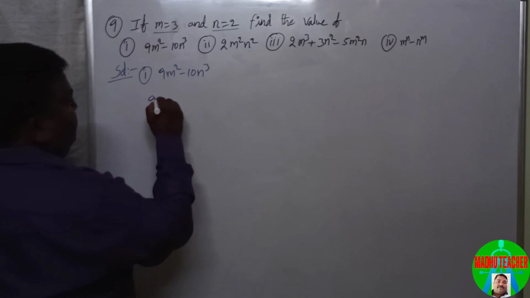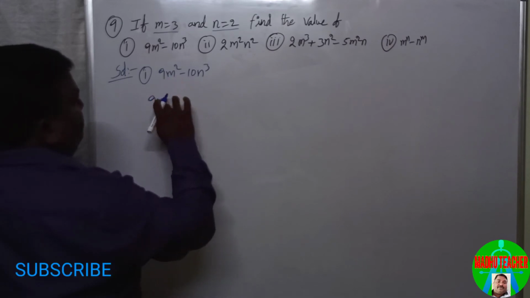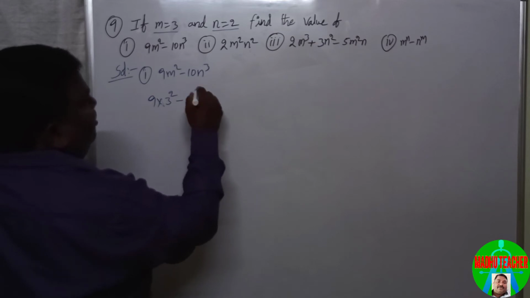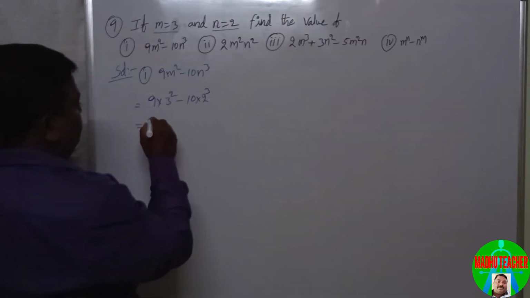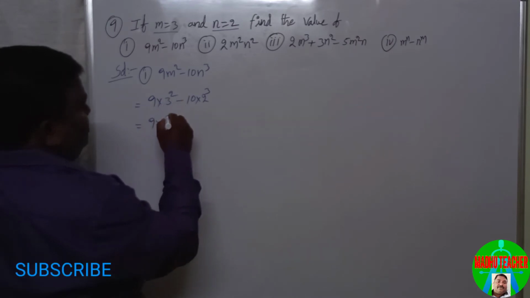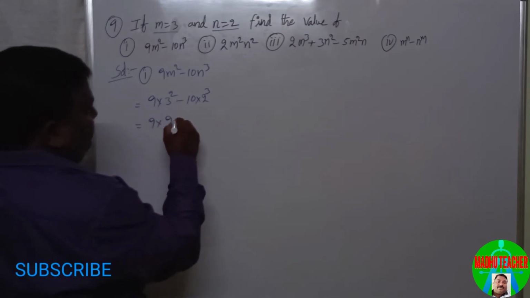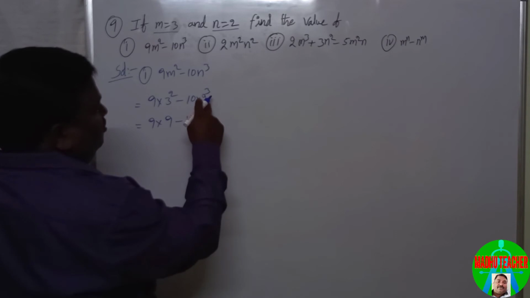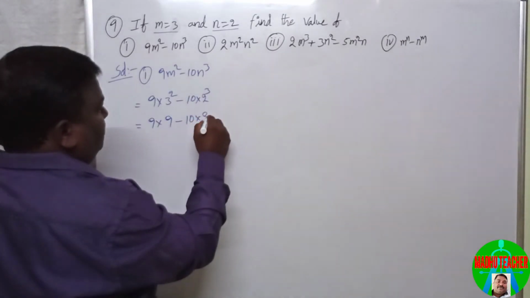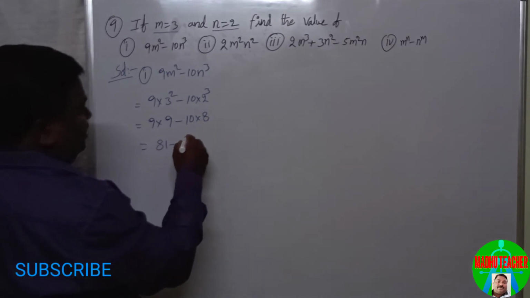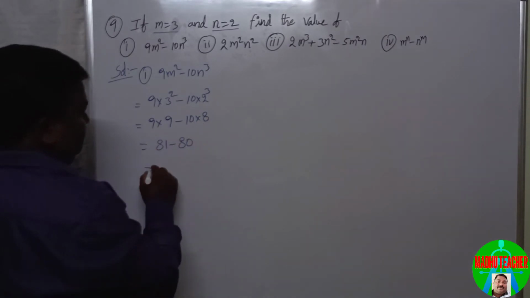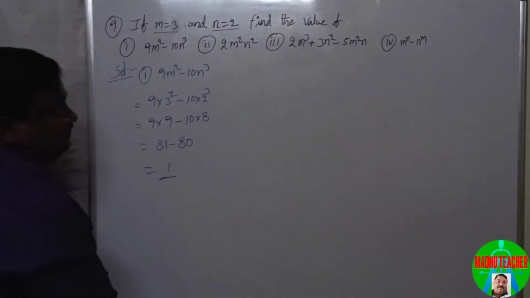That is 9 into m square, that is 3 square, minus 10 into n cube, 2 to the power of 3. Okay, 9 into 3 square, 3 3s are 9, minus 10 into 2 cube, 2 2s are 4, 4 2s are 8, 9 9s are 81, minus 10 8s are 80, that equals 1.